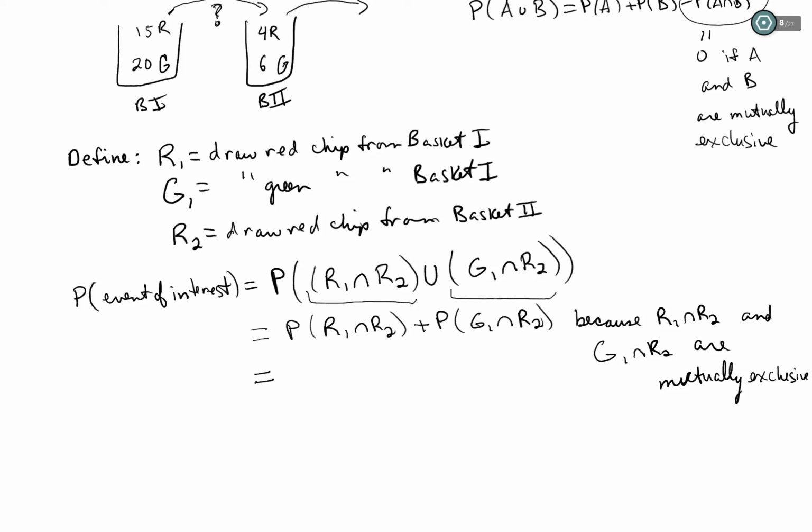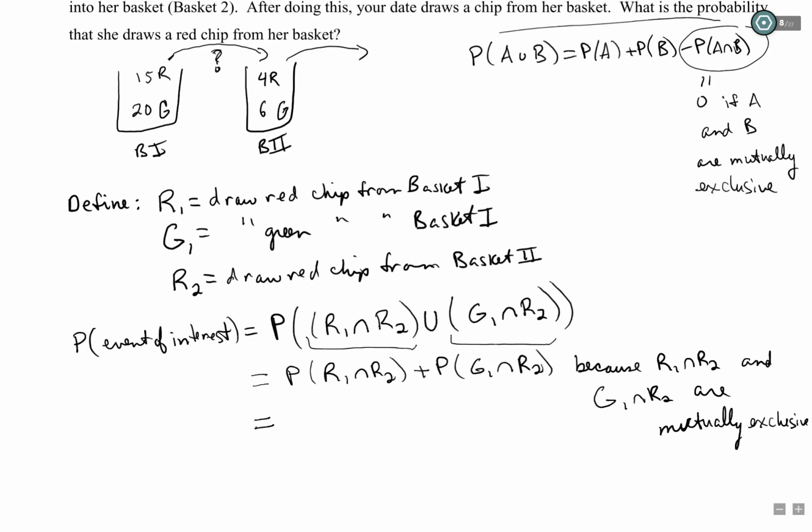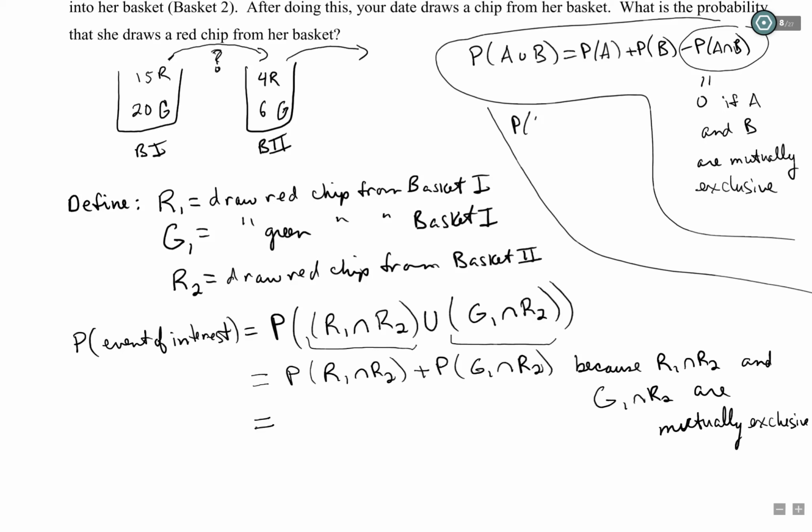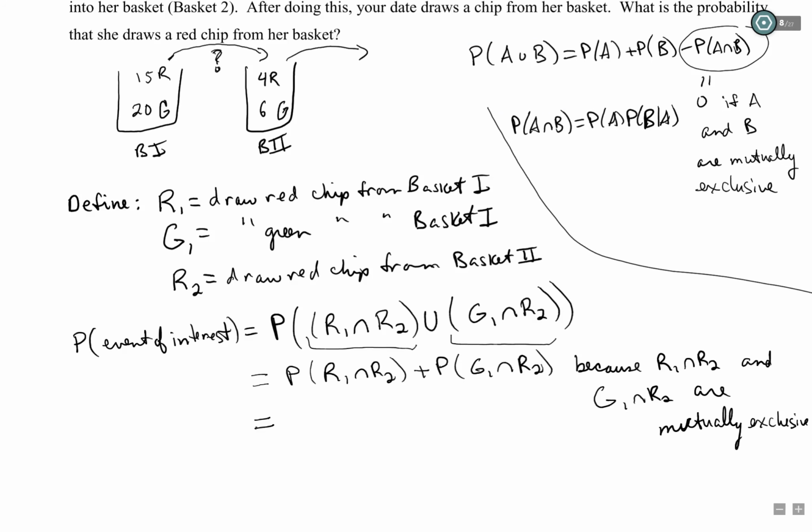If you recall, the multiplication rule from earlier looks something like this: P of A intersect B is equal to P of A times P of B given A. It's also equal to P of B times P of A given B. So I can compute this intersection probability if I think of this problem in the right conditional probability sense.